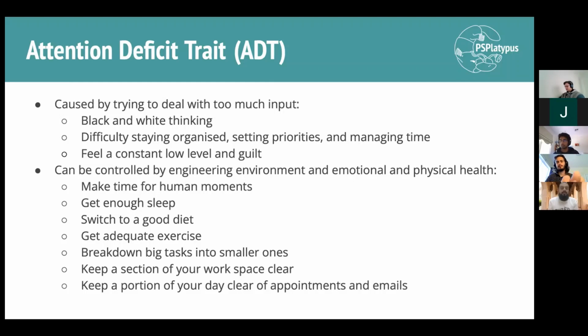However, this can be controlled by making time for ourselves, a portion of our day just for ourselves, taking enough sleep, having a good healthy diet, getting some exercise, and breaking down big tasks into smaller ones.